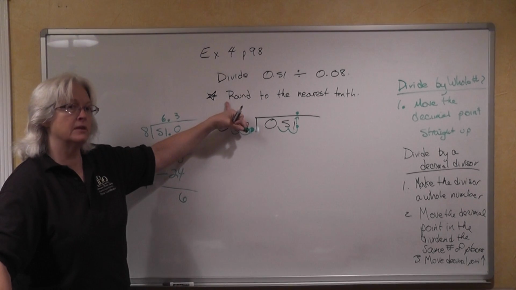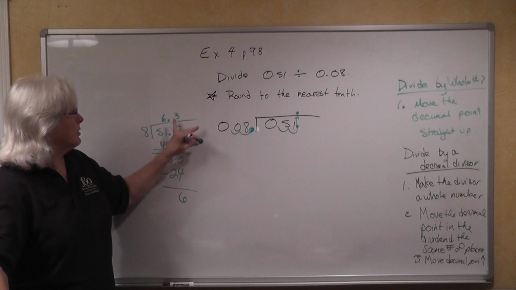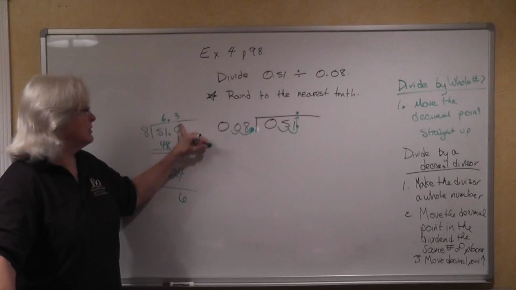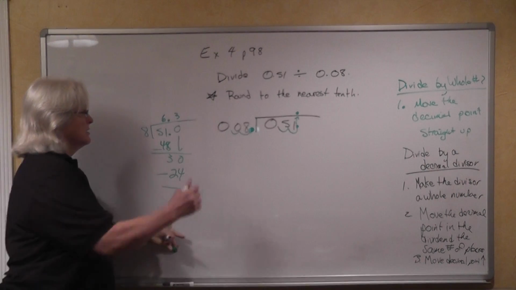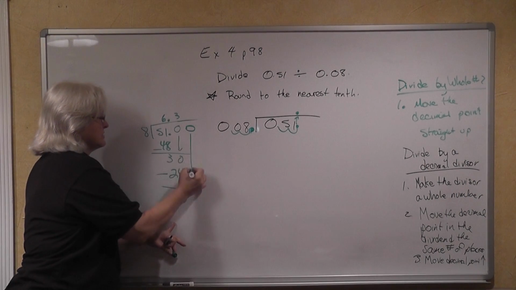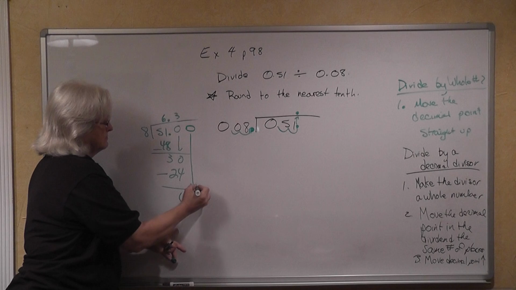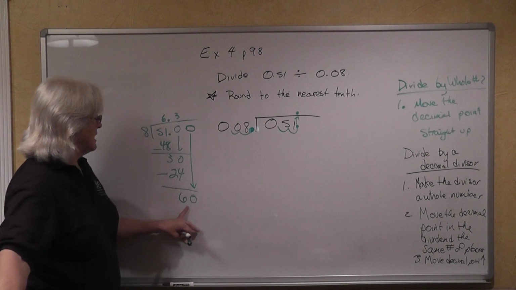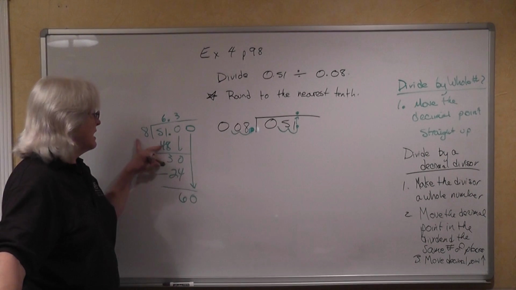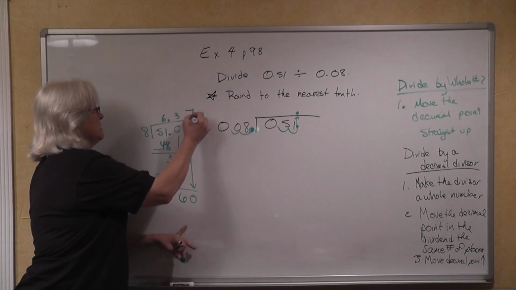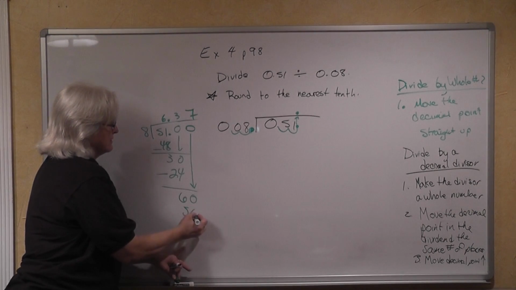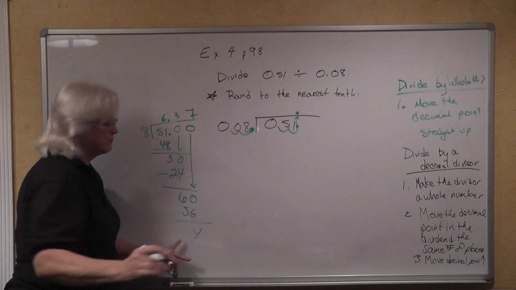What do our instructions say? It says round to the nearest tenth. If we want to be able to round to the nearest tenth, we have to have something in the hundredths place, don't we? So we're going to have to bring down another 0. 60. 8 goes into 60 how many times? 7 times 8 is 56. And we have a remainder of 4.